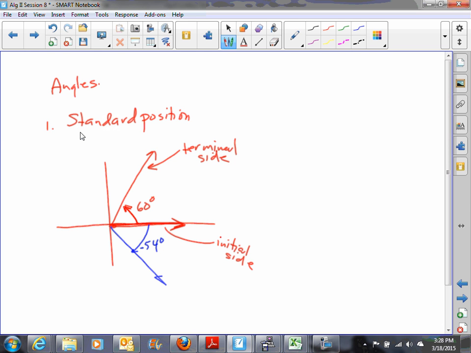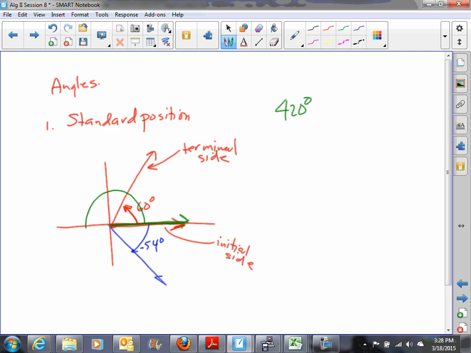Now, I'm sure that you can see that sometimes we can have angles that have seemingly different measures, but their initial ray and their terminal ray end up at the same spot. For example, if we had an angle that was, say, 420 degrees, its initial side would be on the positive x-axis, and then we would go counterclockwise.